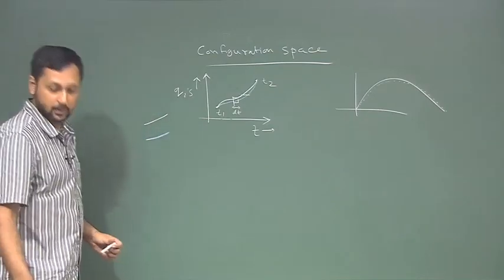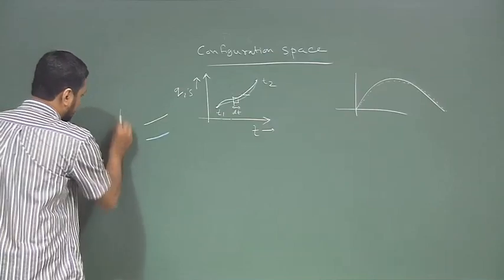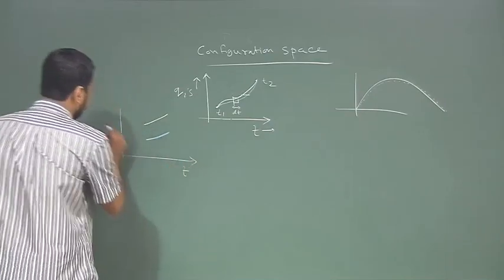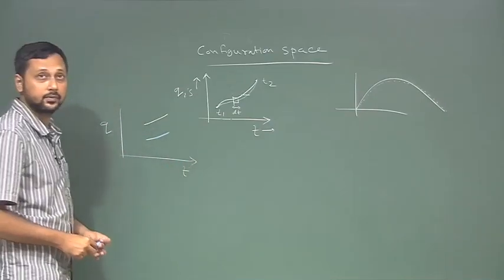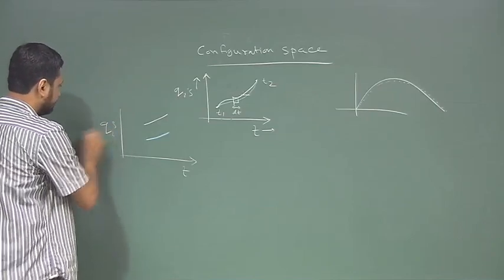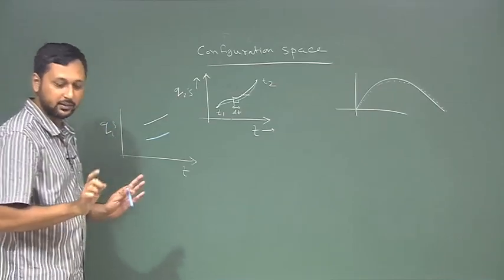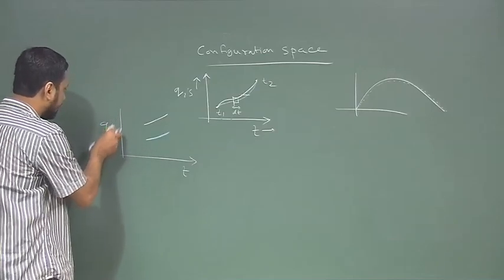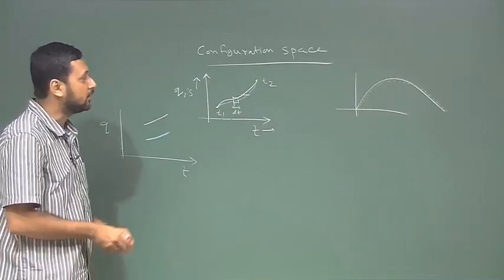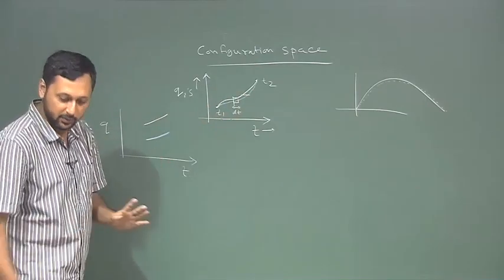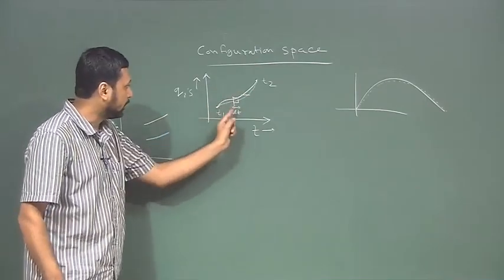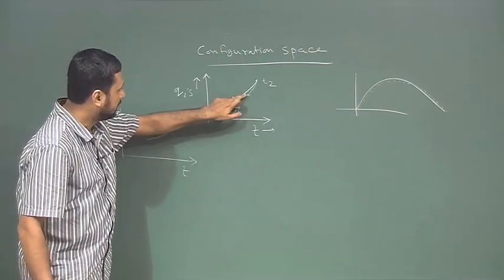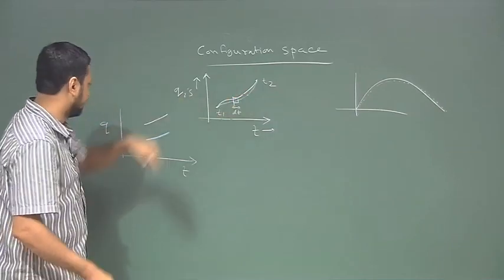Once again we have the time axis here and the q axis here. Let us assume for now that it is a one parameter system, just for simplicity. I want to demonstrate something, so let us say it is not that system, but some other system which also shows some small deviation between two trajectories.